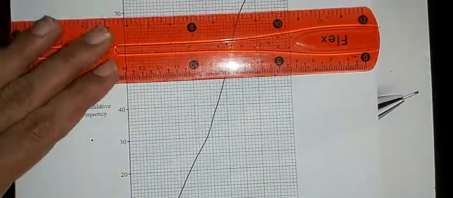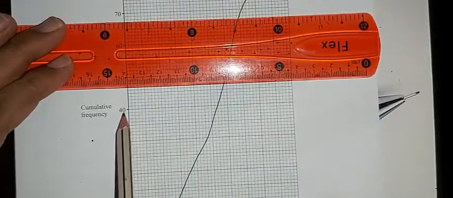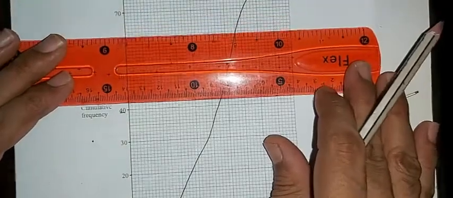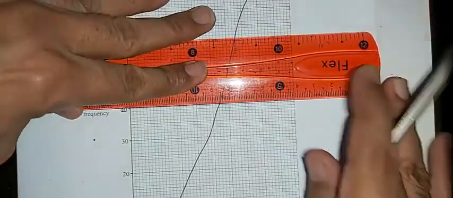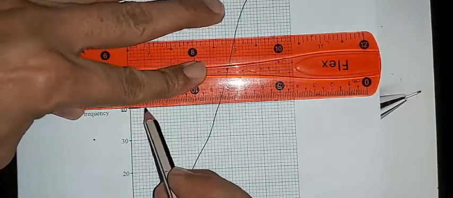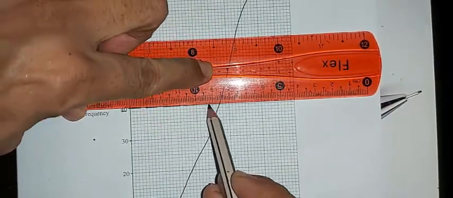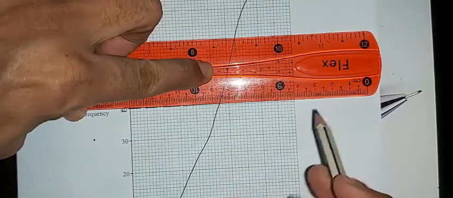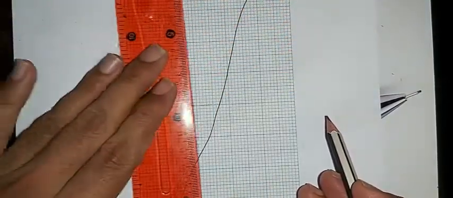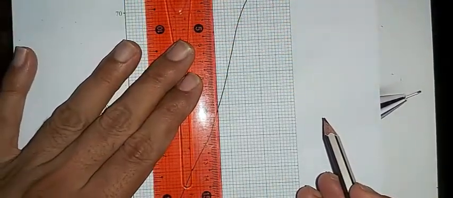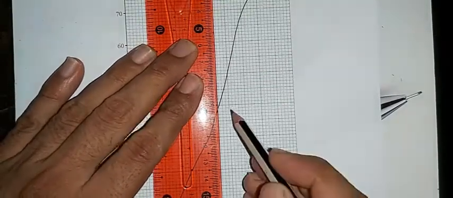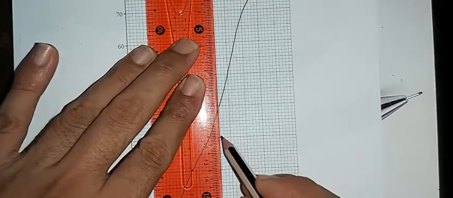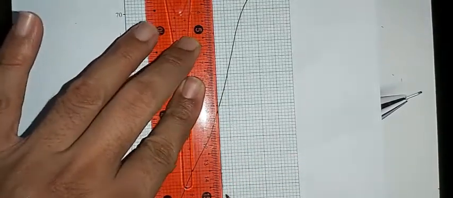Use your ruler. This is 40 here. This is the median position. Make a dotted line like that and cut the line of the cumulative diagram. Then go down to find the value of seconds.